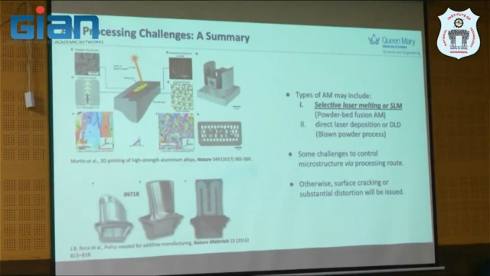And this was first published in 2016 in Nature by people from the USA. Again, this is a concept of Inconel use. Apart from this processing challenge, we also have the residual stress or solid mechanics challenge or defects after that. That's why we have a lecture here on processing and then defect and microstructure control.